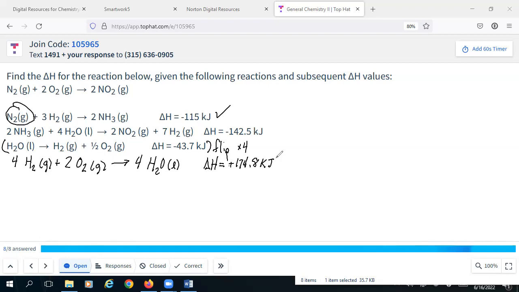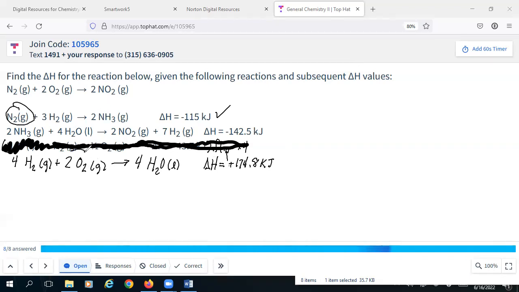And so now that I've rewritten it, I'm going to mark out what was there before so that I don't accidentally use it when I combine everything.